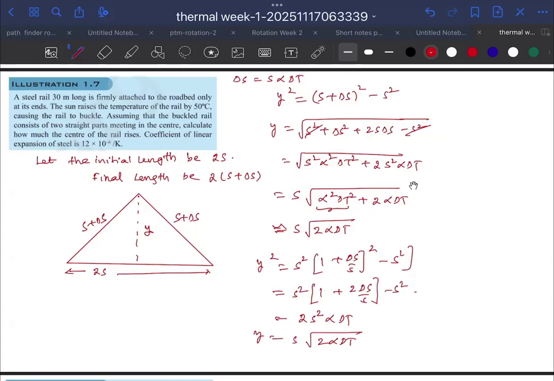Break, bend. This is bending, and it goes up like this. Buckling at the middle point is given in the question. What is buckling? Bending. Technically break. Breaking.